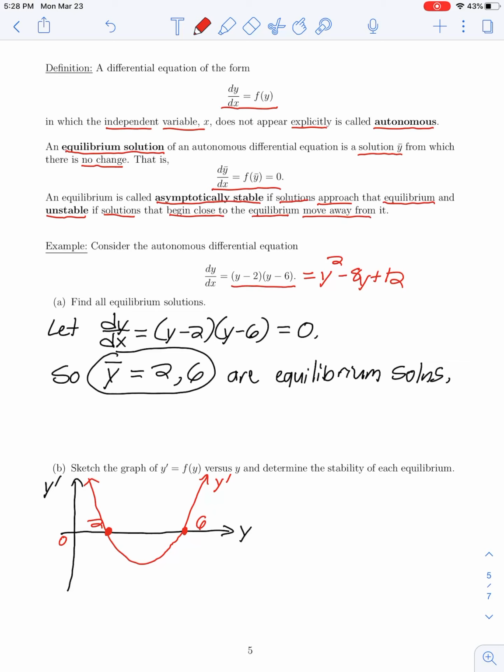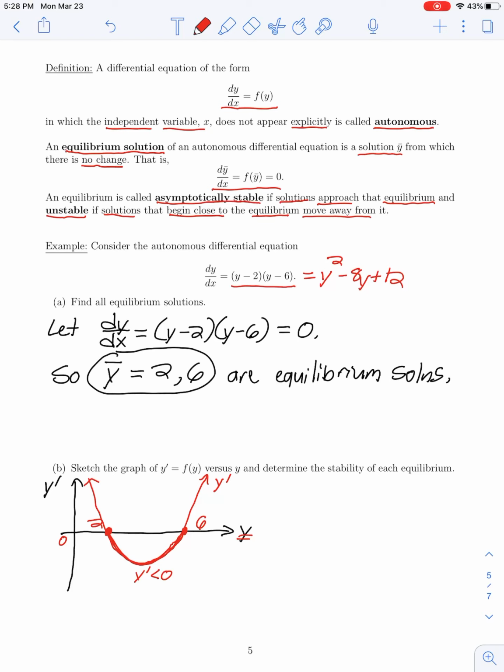Now let's think about what this graph tells us about stability. So we see that for values of y between 2 and 6, y prime is negative. It falls below the horizontal axis. So if y prime is negative, if the derivative is negative, that means that the function y is decreasing.